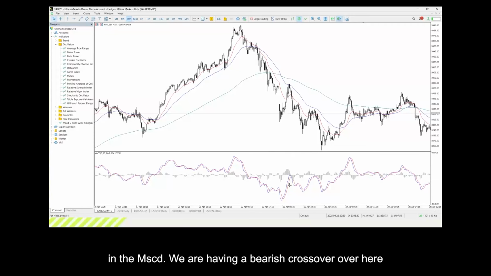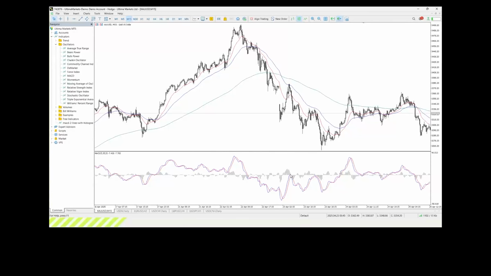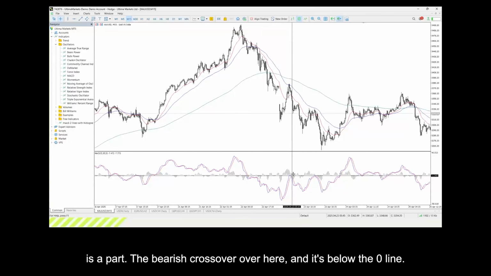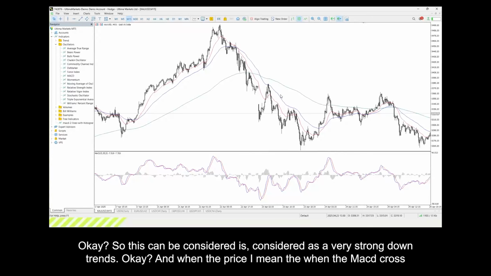And on the MACD, we are having a bearish crossover over here, and it's below the zero line. So this can be considered a very strong downtrend.